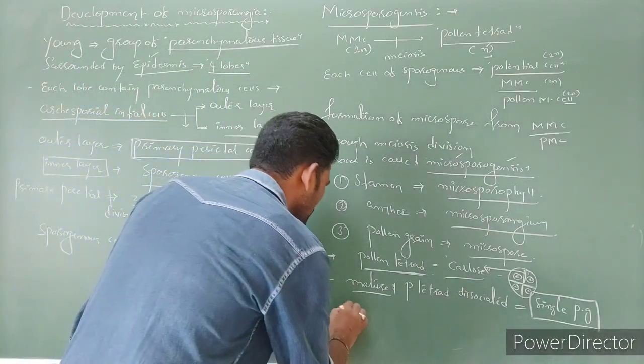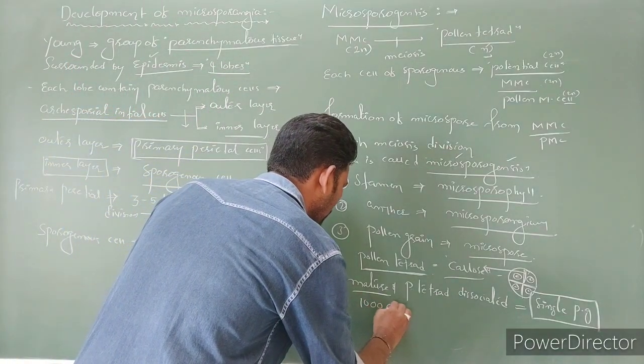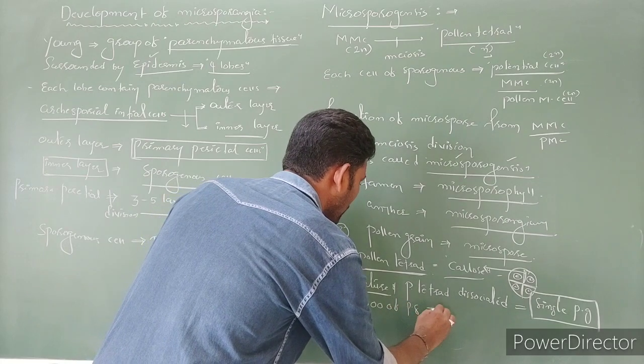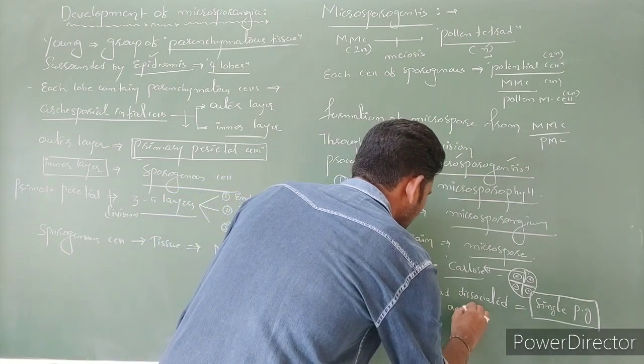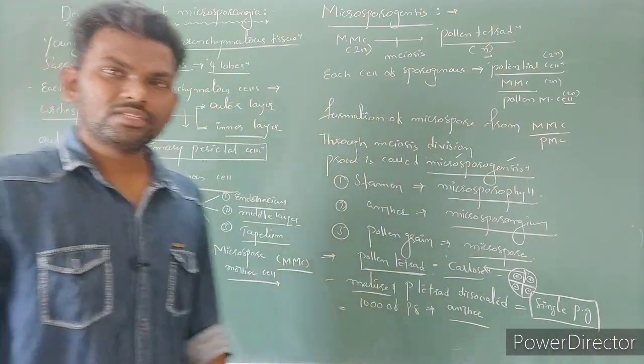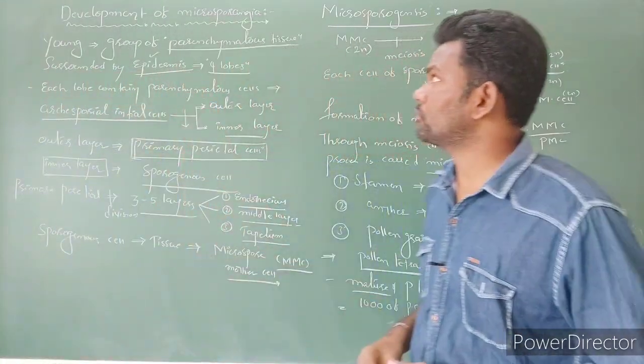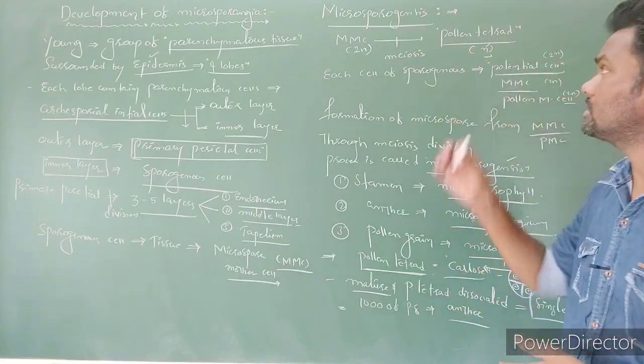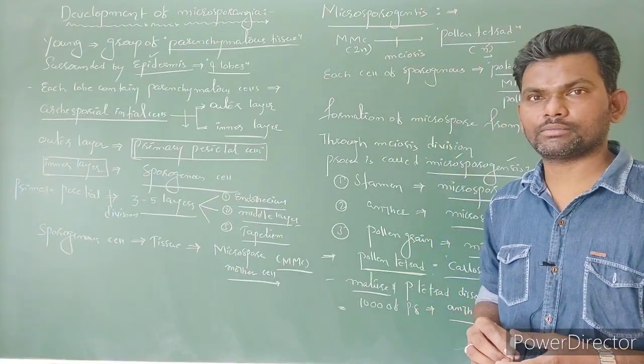Like this, thousands of pollen grains are formed within the anther. So this was the development of microsporangia, and the next one is microsporogenesis.